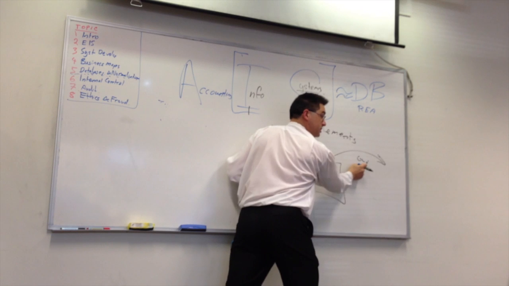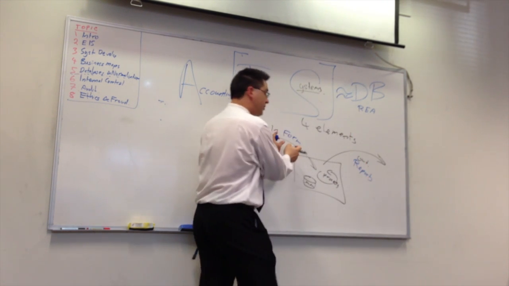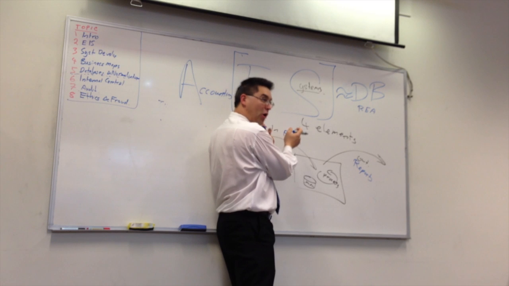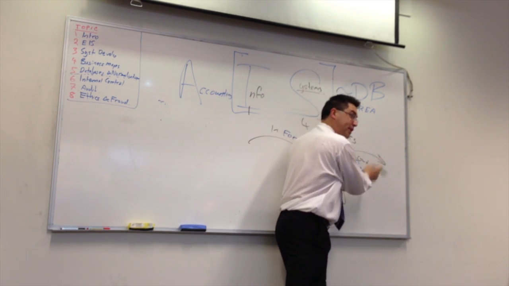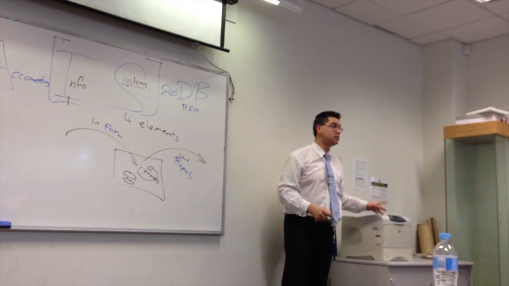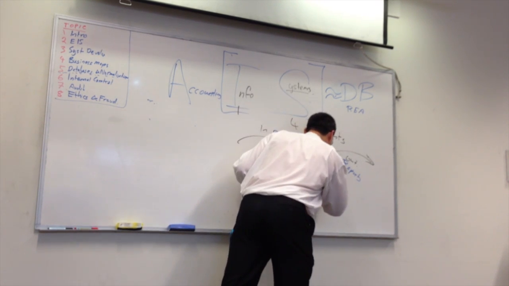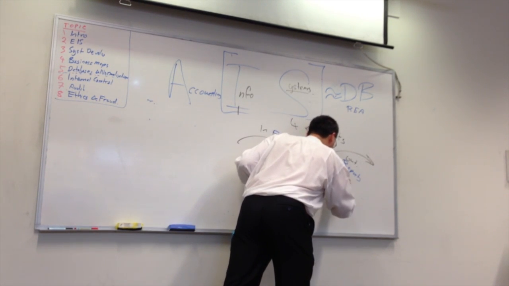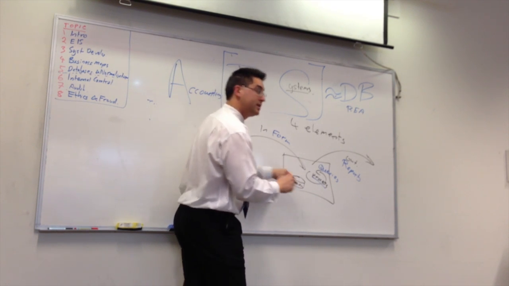The outputs are called reports. And you'll notice that generally the forms are supposed to be displayed on the screen. But reports are supposed to be printed through an output device. Processes are queries. They're like our little programs. And the thing that stores the data for later use is called a table.